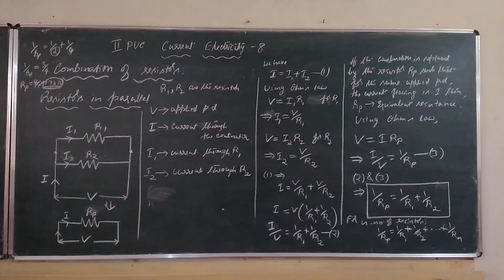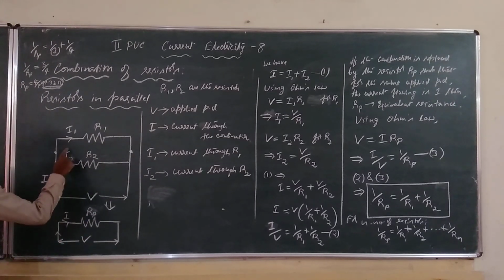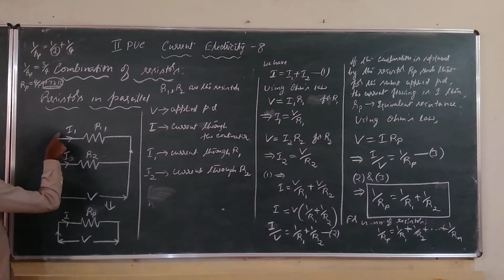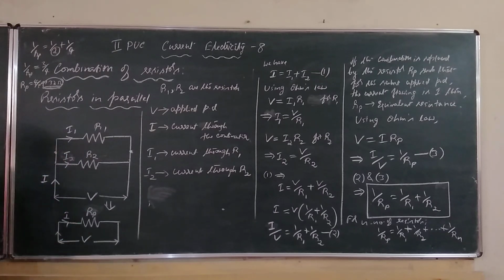Okay, so this derivation is also not important, but you should know the number of currents here is equal to the number of branches. See, if there are n number of resistors, there will be n number of currents, right? So two branches, individual currents are I1 and I2.